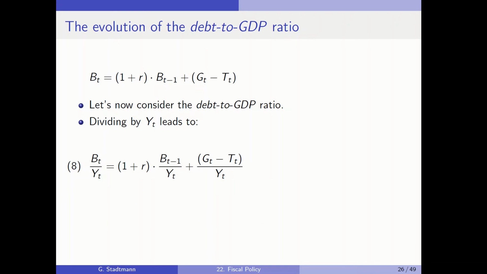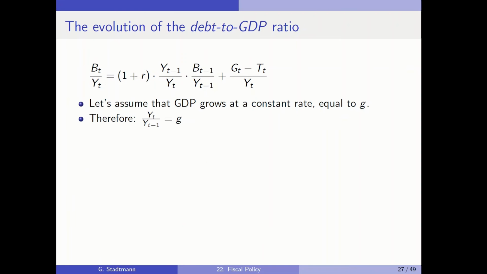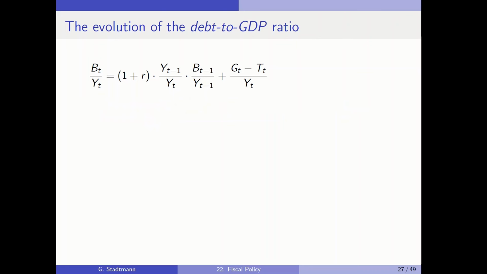This can be rewritten in the following way, that we multiply through this term by 1, but not a normal one, but we are multiplying through by Y_{t-1} divided by Y_{t-1}. So the red term here is a simple one, and we sort the terms in a way that we can use them afterwards. This is the same expression as before.